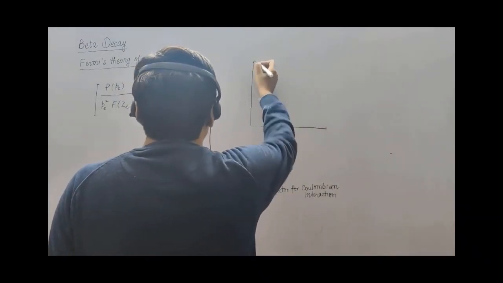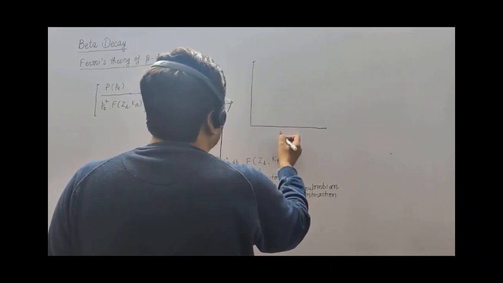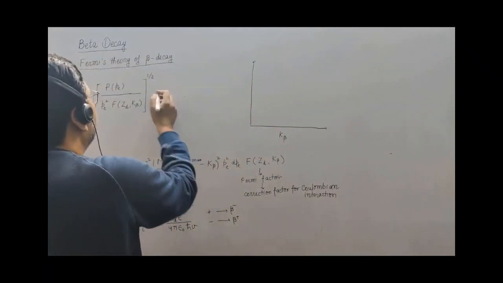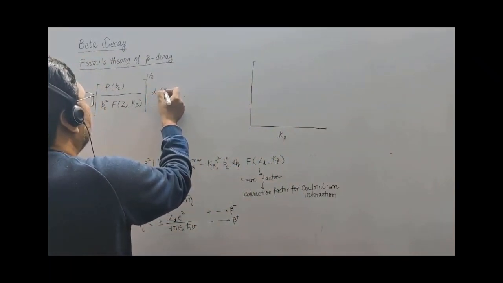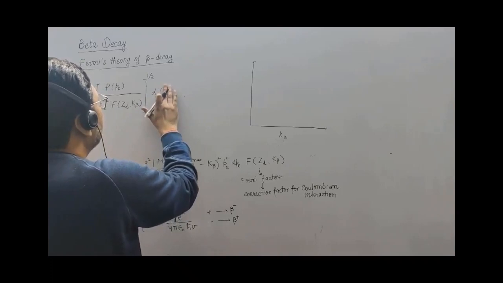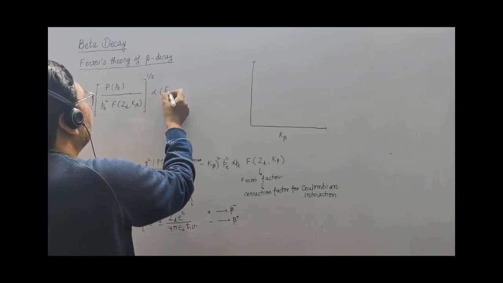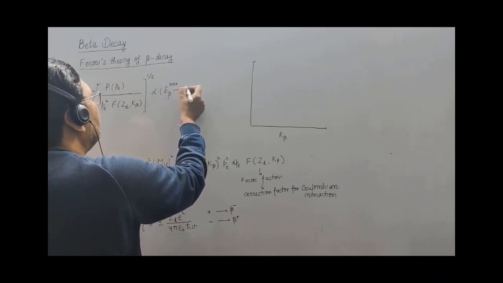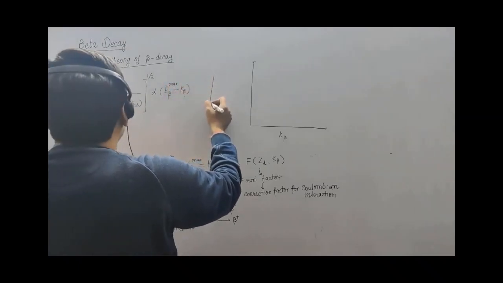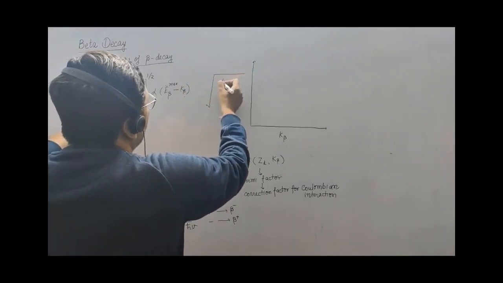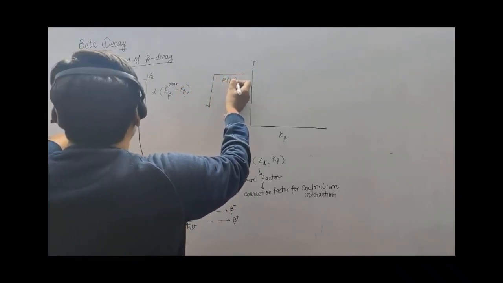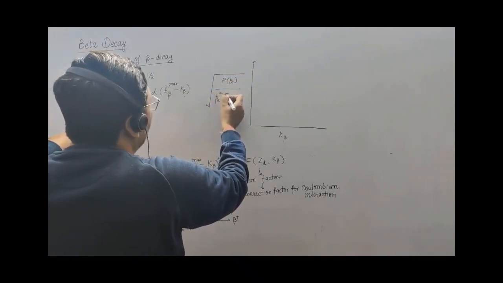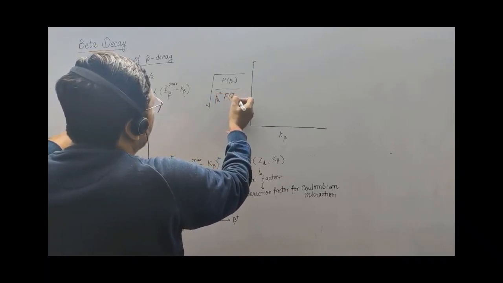So plot this graph. Here this will be K beta, and here I'm writing E beta maximum minus K beta. This is K beta, this is E beta maximum. And here I am again writing this factor, P(E) upon P(E) square, and F(Z, E) K beta.